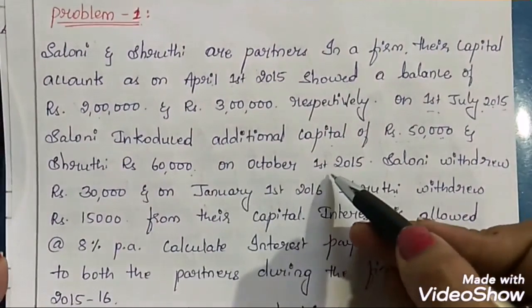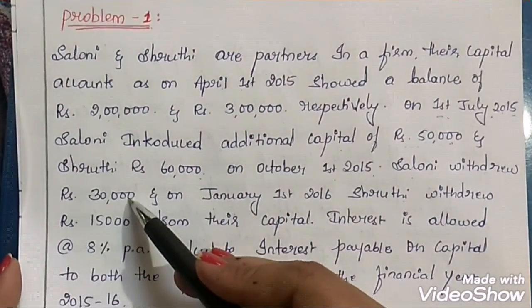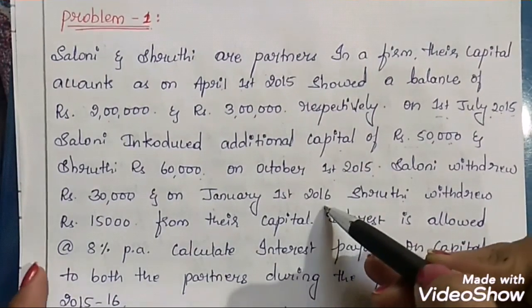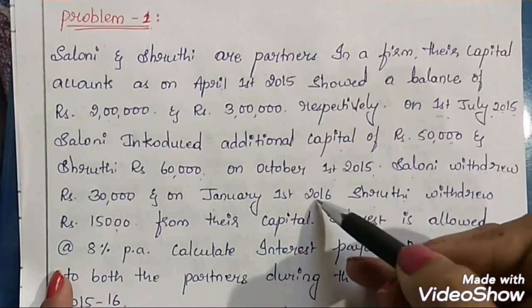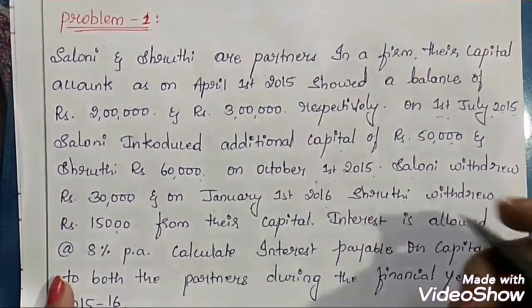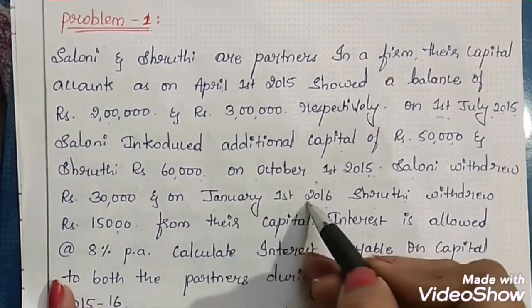Next, on October 1st, 2015, Saloni withdrew rupees 30,000 and on January 1st, 2016, Shruti withdrew rupees 15,000. See, here the drawings are made by both the partners but on different dates, so again the dates become very important.